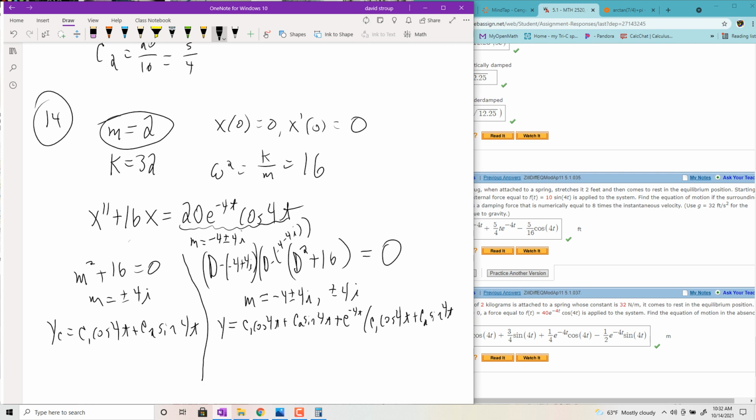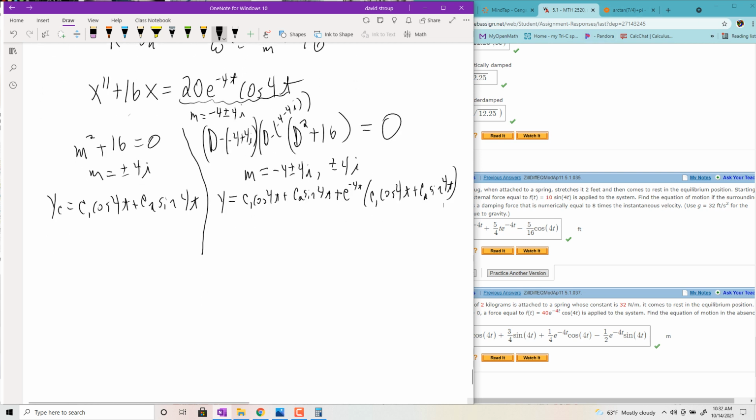And when you're reading the book, they don't go through this process, they just skip over it because they assume that you can handle this on your own now. I mean, the book teaches two ways of doing this method. The other way they teach it is less programmable. They just tell you if the right-hand side looks like this, then your solution will look like this, etc.